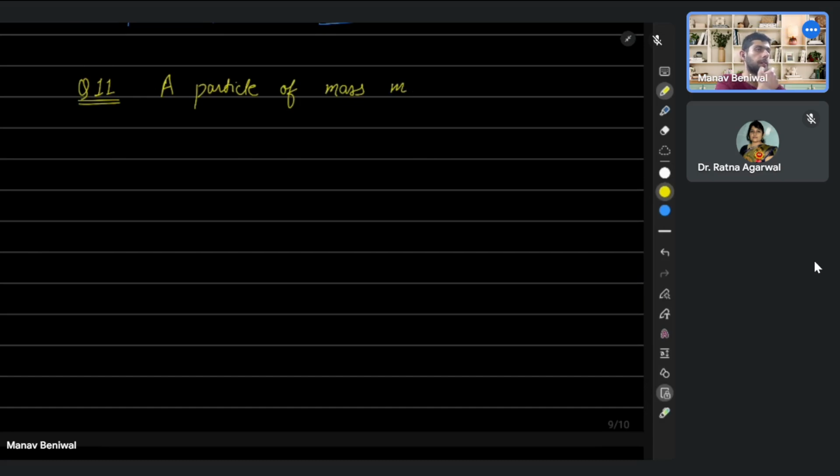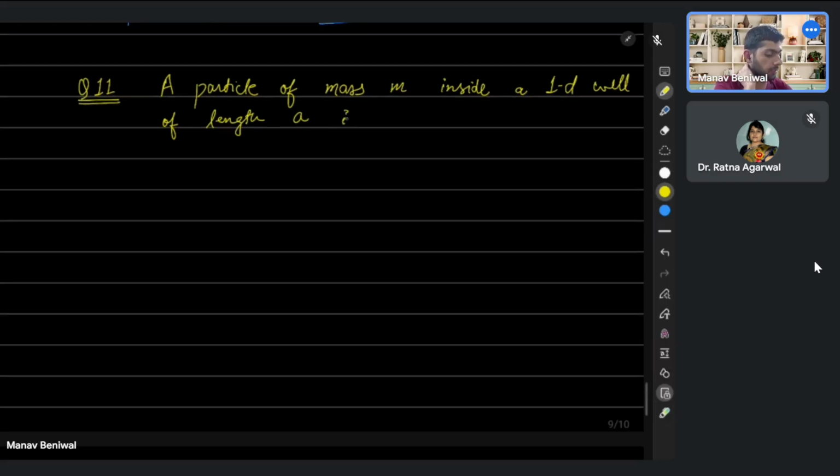And this particle is inside a 1D well, just like the problems we were solving before, and the length of the well is A. So a particle of mass m inside a 1D well of length A is initially in the state psi x at time t0.